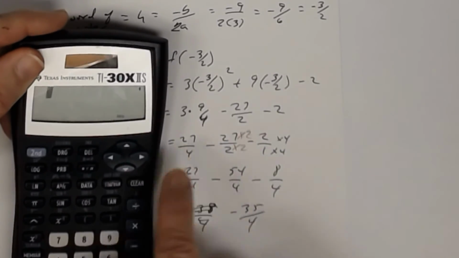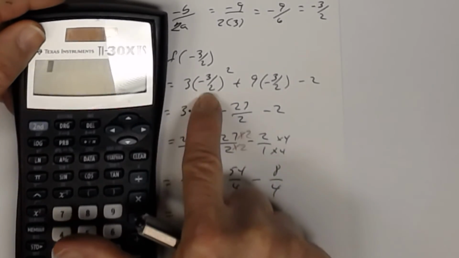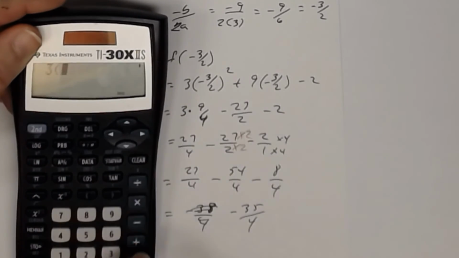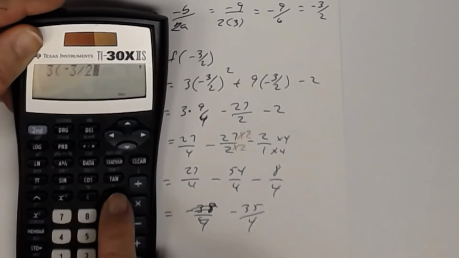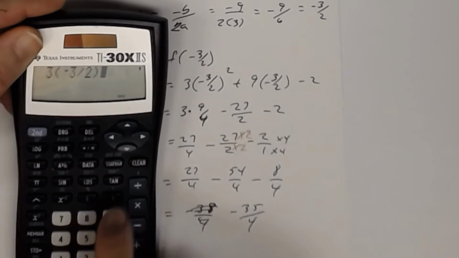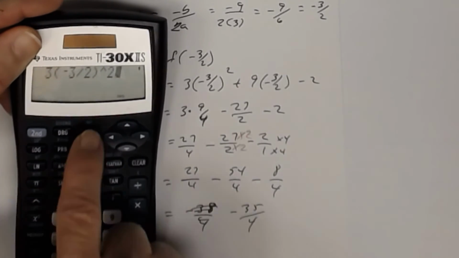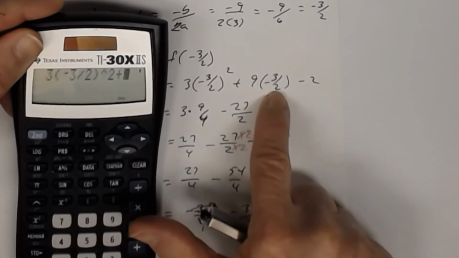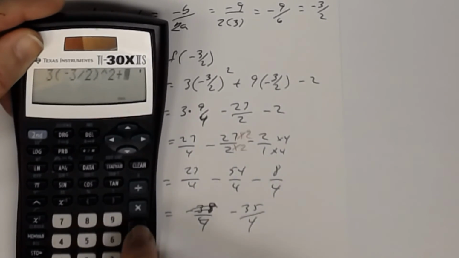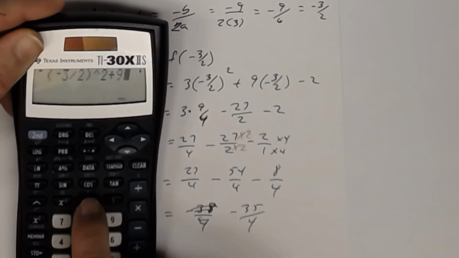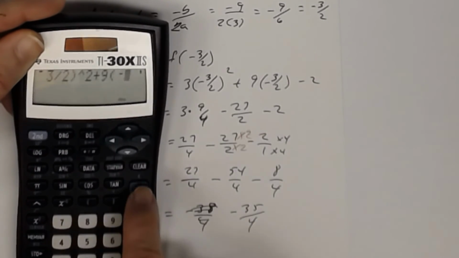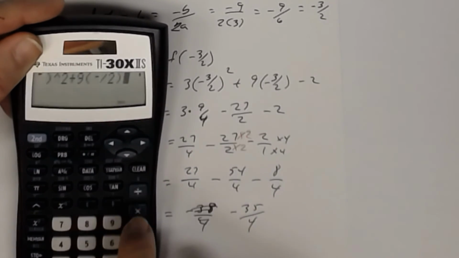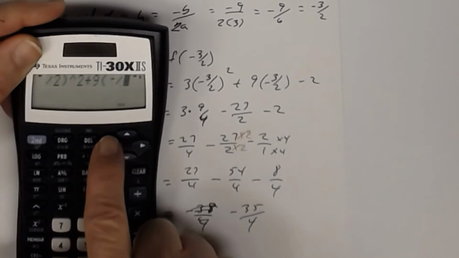You're going to enter it like this. You're going to say 3 in parentheses, just like you see it. Negative 3 divided by 2, close the parentheses. You're squaring it, so you're going to square. See it? You square it. And then plus 9 times in parentheses negative 3 divided by 2, close the parentheses, and then, oops, shoot, I forgot the 3, didn't I?